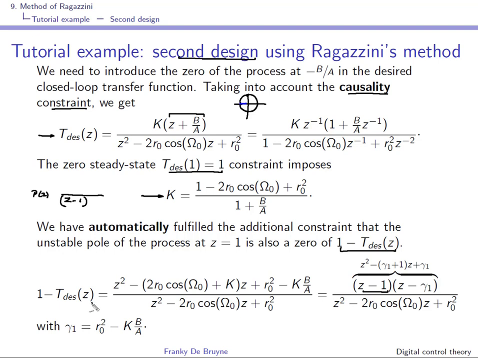But nevertheless, it's good to write 1 minus t desired in such a fashion where the numerator is factored as z minus 1 times z minus gamma 1, where we have to determine gamma 1, right?